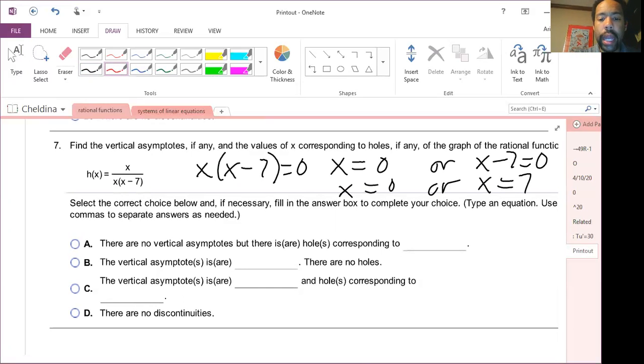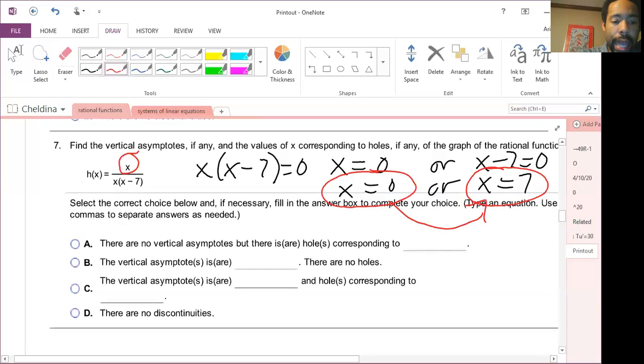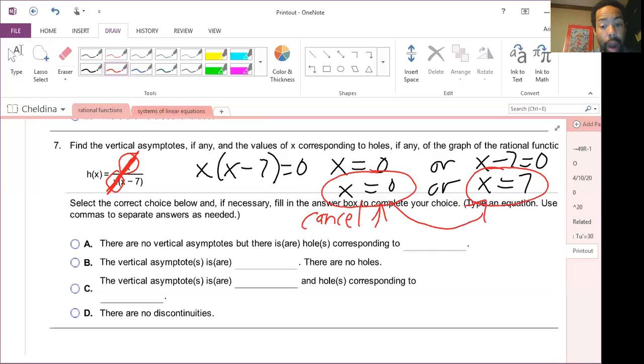X equal to 7 is going to be a vertical asymptote, but x equals 0 really doesn't cause the same problem, because there's an x up here that cancels out this x down here. Because you can cancel this x equals 0 problem, there is no vertical asymptote at 0. There's just a hole.